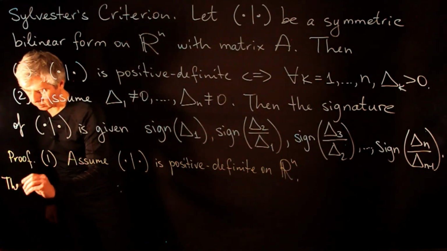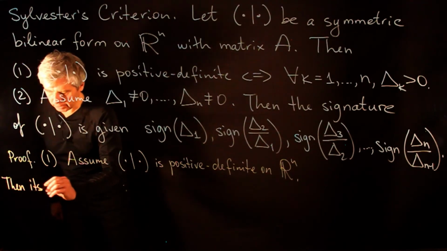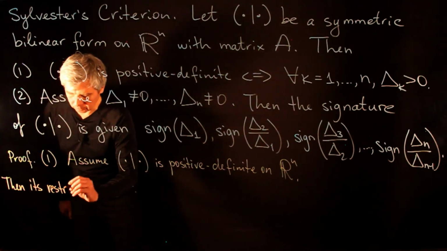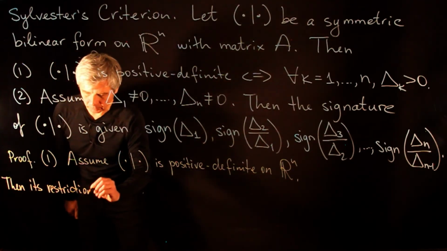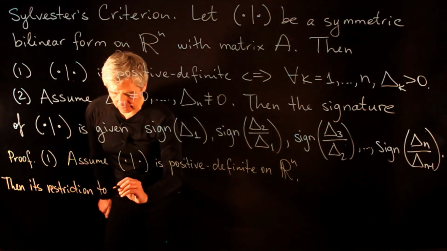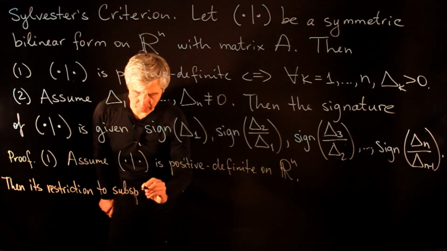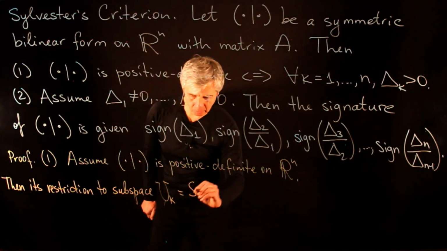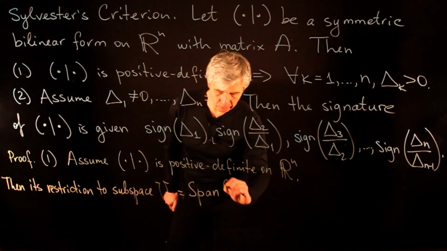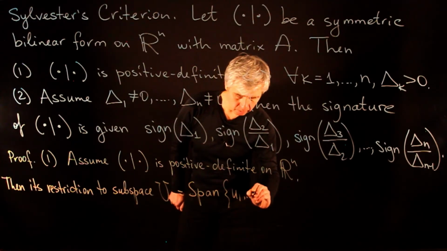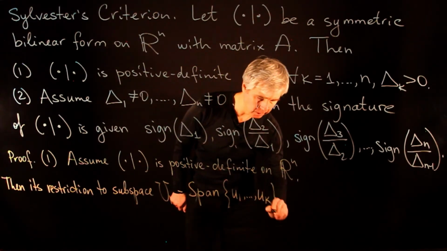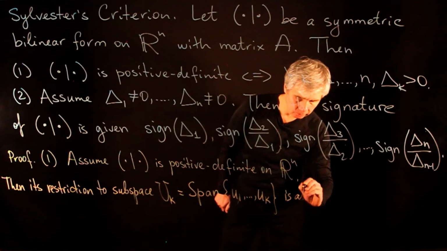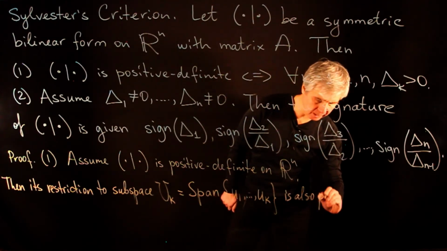Then its restriction to subspace UK, which is the span of the first k basis vectors, so U1 through UK, is also positive definite.